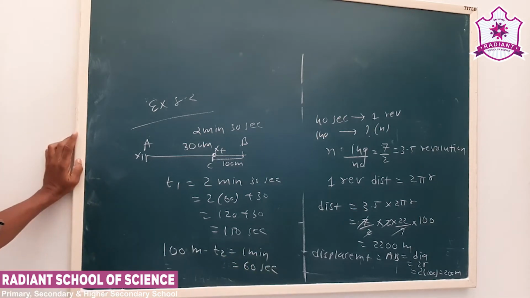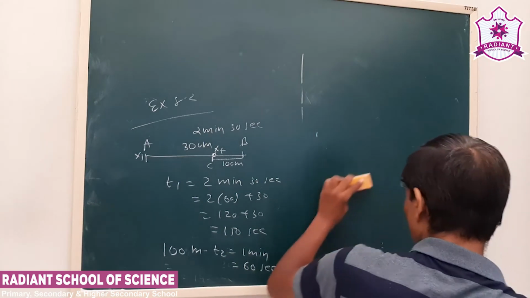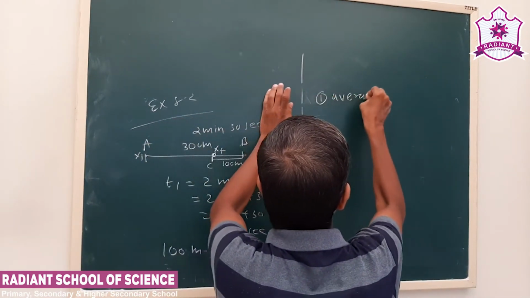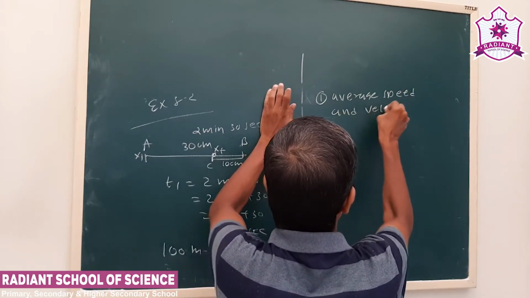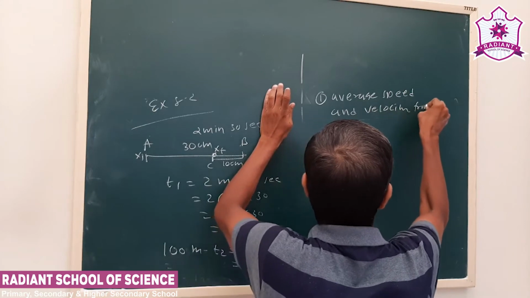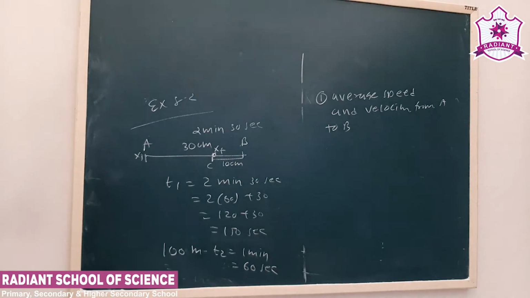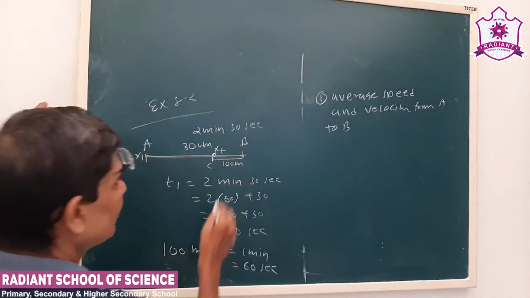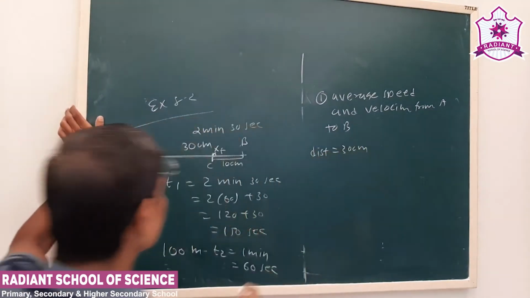See, what are Joseph's average speed and velocity in moving from A to B? First, we have to calculate average speed and velocity in moving from A to B. When it moves from A to B, the distance is 300 meters.